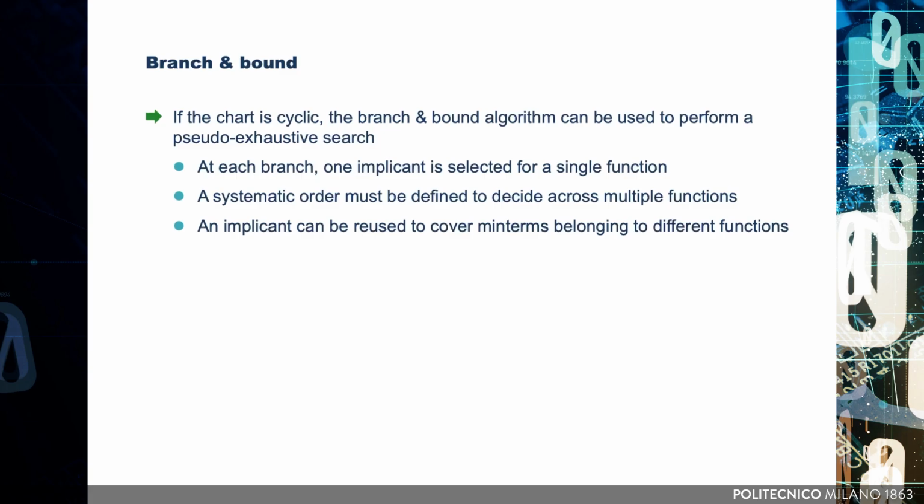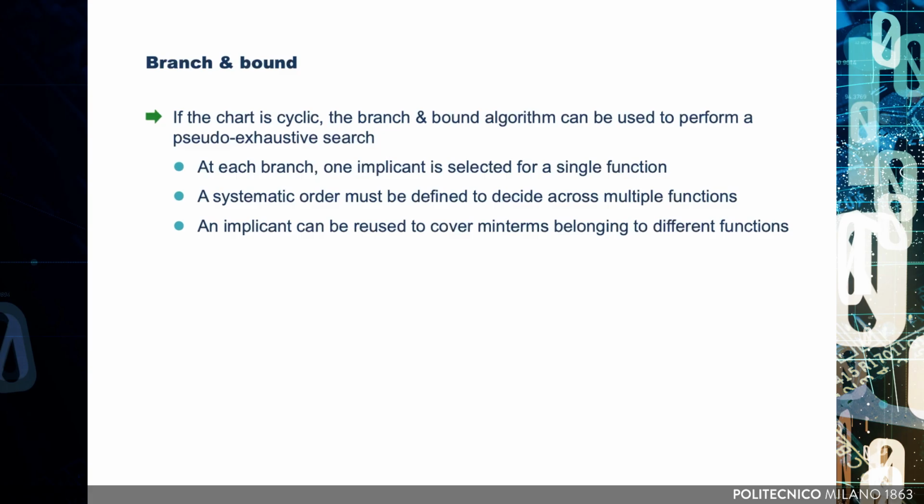In the case of a cyclic table, as we've learned, we must adopt a pseudo-exhaustive search strategy such as the branch and bound method. This method must be applied with the following considerations. At each branch, a decision must be made for a single function only. Therefore, we must define a systematic order not only for selecting the implicants, as we did in the single function case, but also for selecting which function to cover at each step.